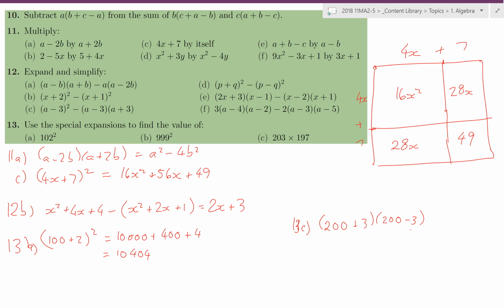This is going to be a difference of 2 squares. 200 squared, well, 2 squared is 4, and then 100 by 100 is 10,000, so it's 40,000. 40,000 minus this part squared, minus 9, is 39,991. Impress your family and friends with your exploits at multiplying large numbers together without a calculator.